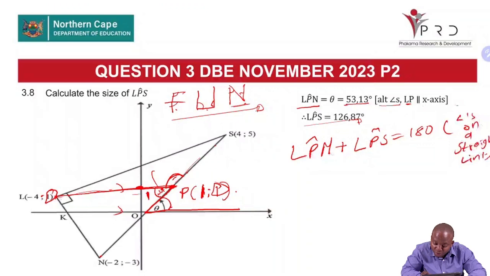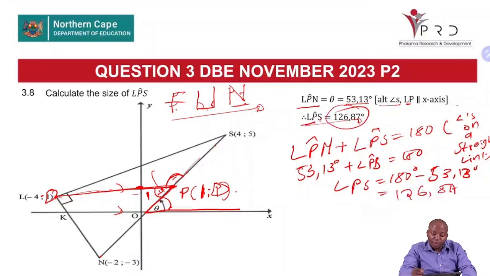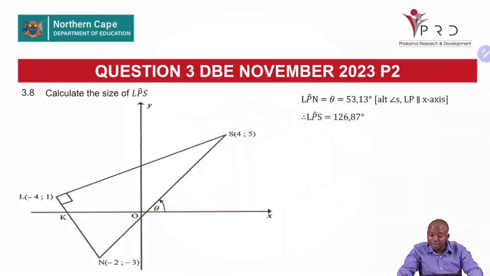Then LPN, we have it already as 53,13, plus LPS is equal to 180. Then LPS is equal to 180 minus 53,13, transposing to the other side, or minus 53,13 both sides. Then we have LPS as 126,87. So this is the working out for that LPS.